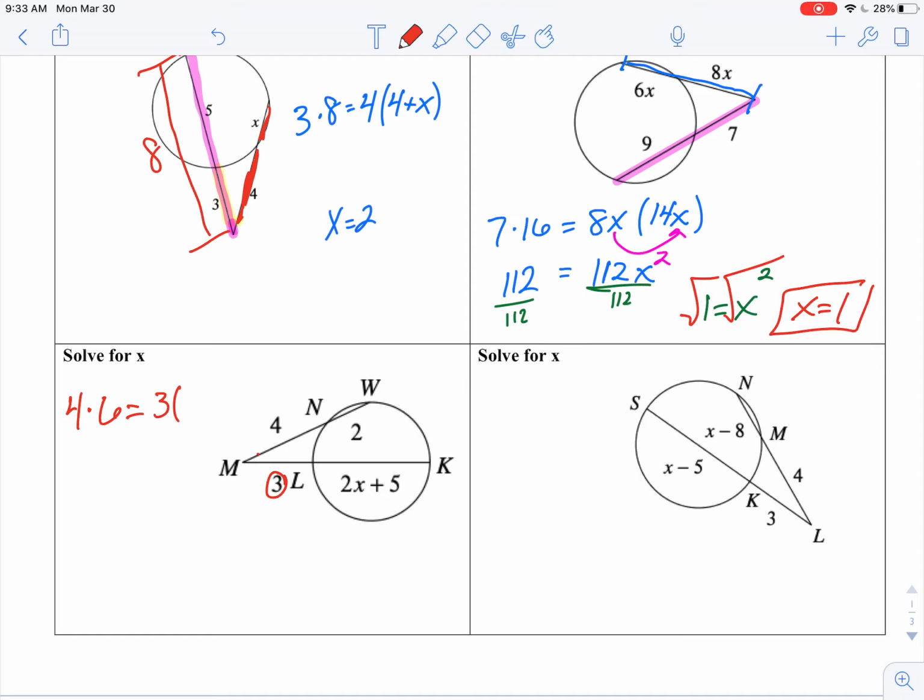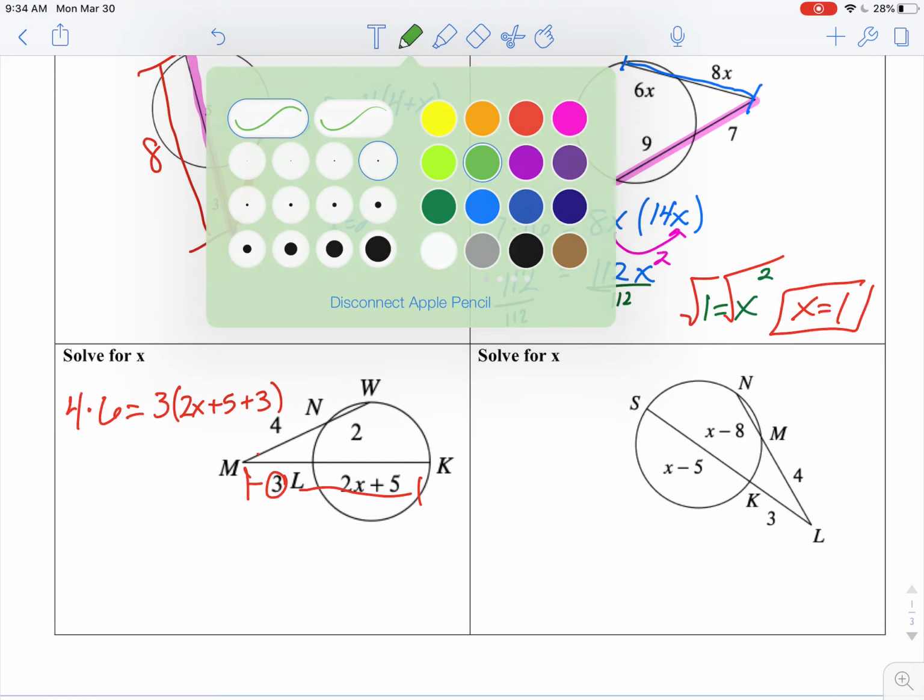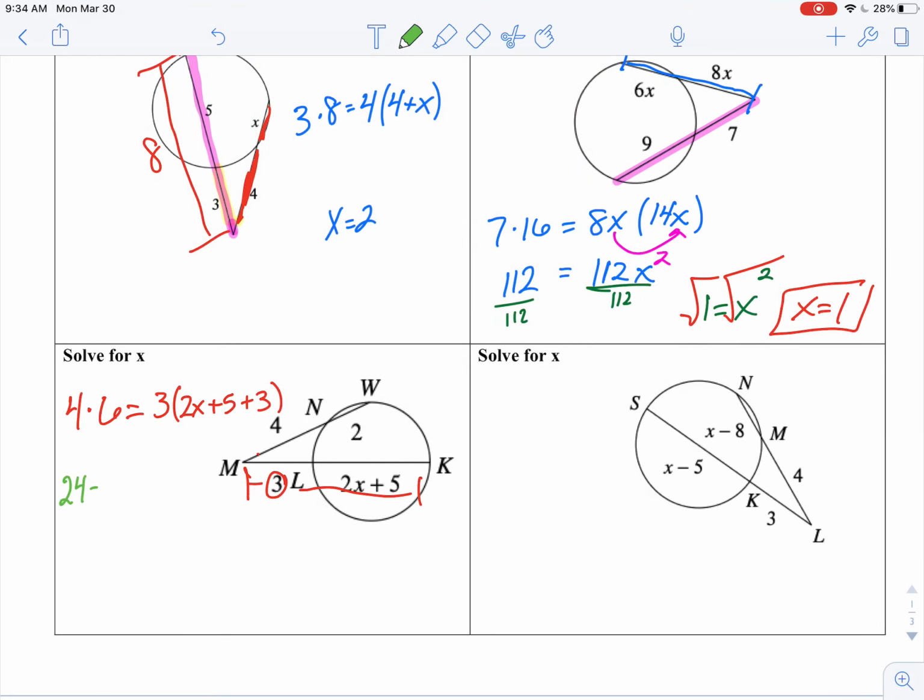And that's going to be equal to 3 times 2x plus 5 plus 3. And we could simplify that. We could say 24 equals 3 times 2x plus 8.